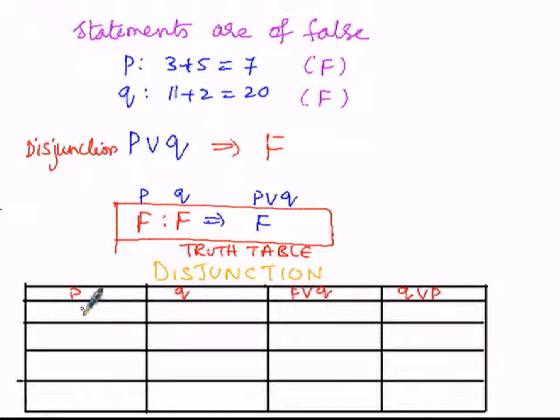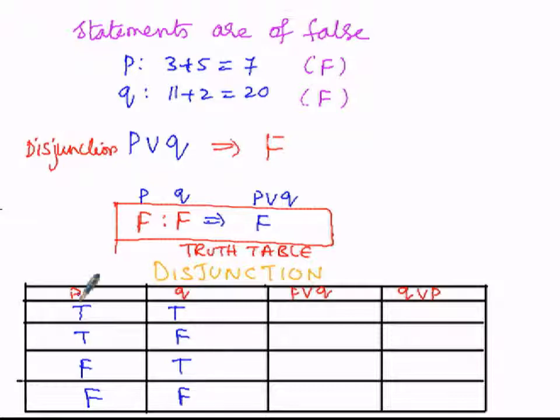Both the statements may be true and both the statements may be false. And if the first statement is true, then the second statement may be false. And if the first statement is false, then the second statement Q will be true.